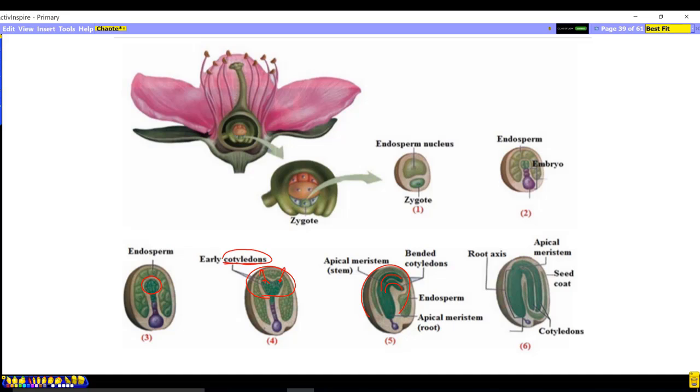The mature embryo stage. Embryo means a minimized organism, a complete plant but smaller in size. It contains the root axis, like a primitive root, or apical meristem, which forms the upper shoot system of the plant, with cotyledons, which make the primary leaves.